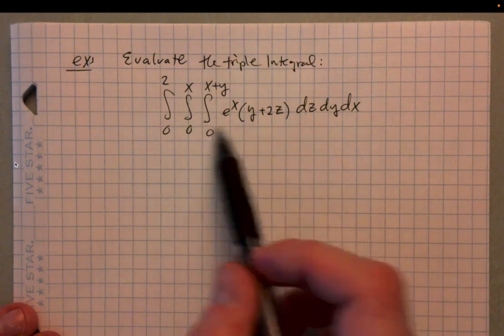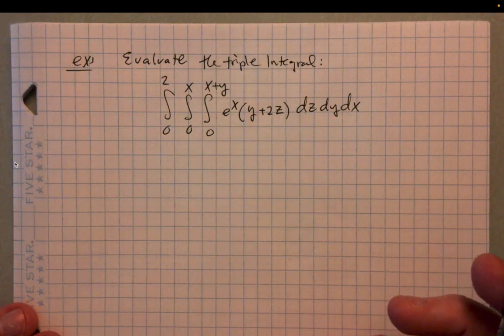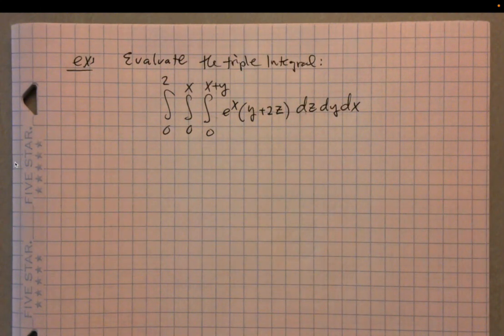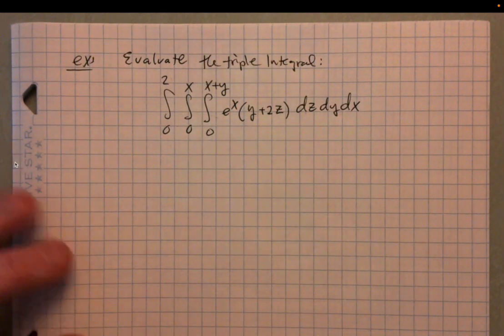That one we would integrate with respect to y, hold everything that isn't y constant, plug in the bounds, and that would bring us to the third and final integral, which is the integration with respect to x, which should have constant bounds. Okay. All right, so let's go ahead and do this.